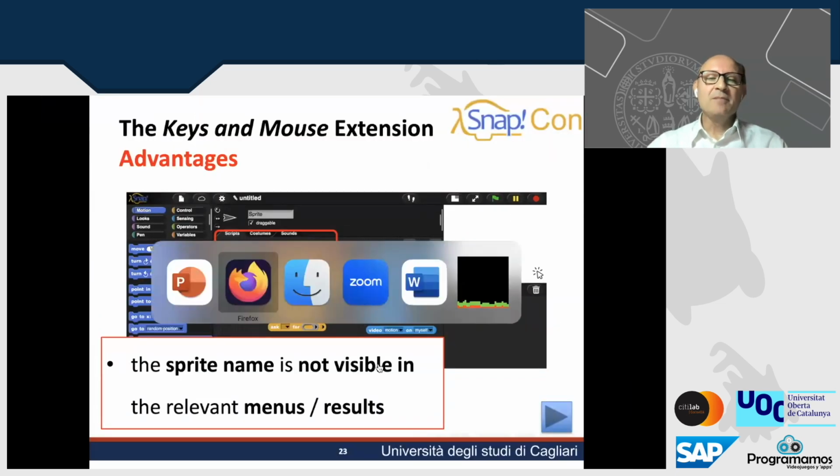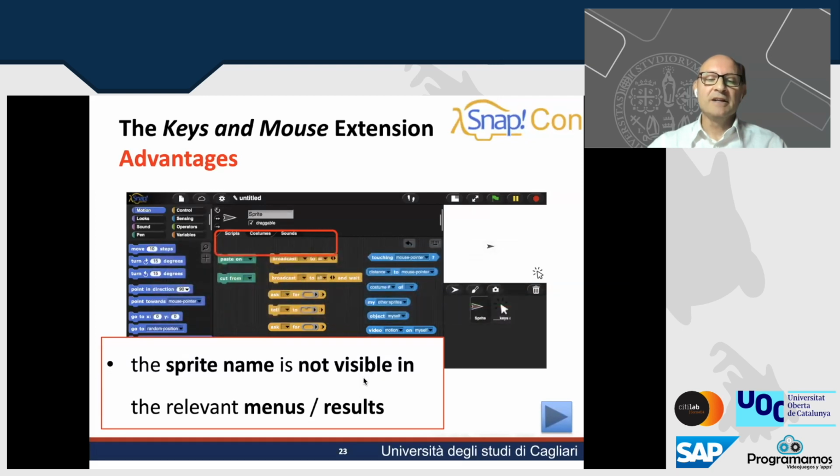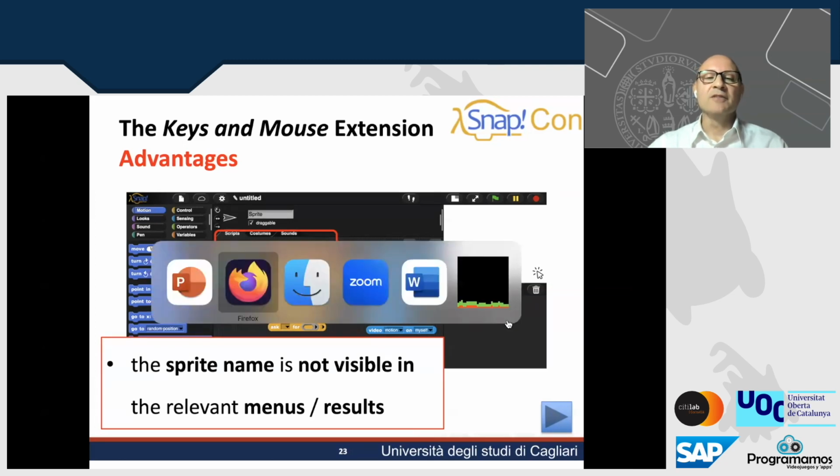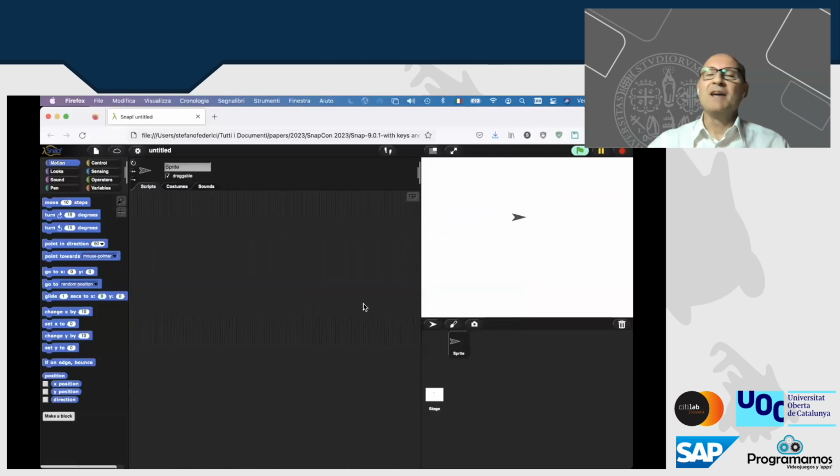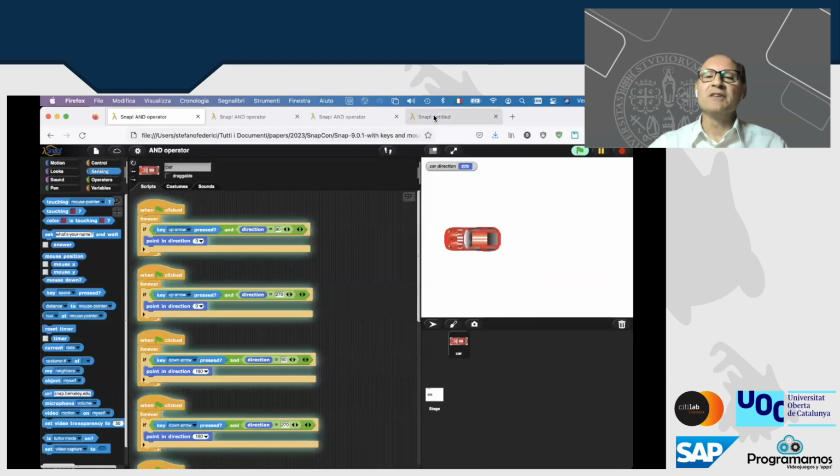More, the sprite name is not visible in the relevant menus and results, so students don't get confused maybe by this weird name. I'm sorry, this is not a very advanced extension. I'm just using a very weird name for the sprites, and I'm always hiding this sprite. I'm sure that it can be developed in a better way. So let me see here.